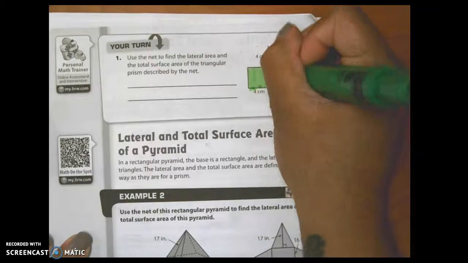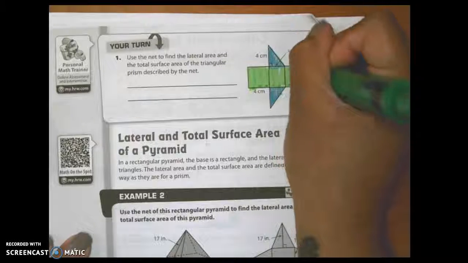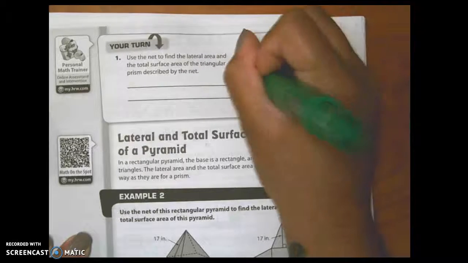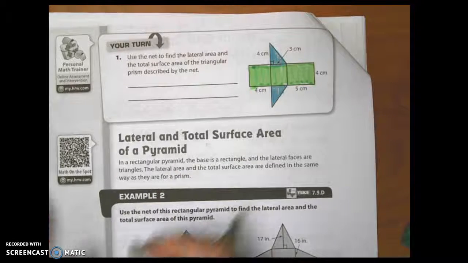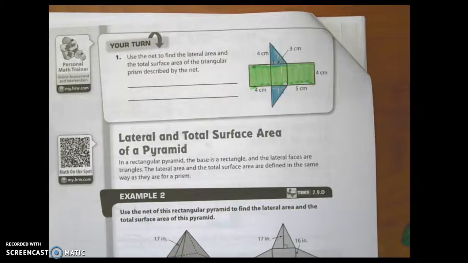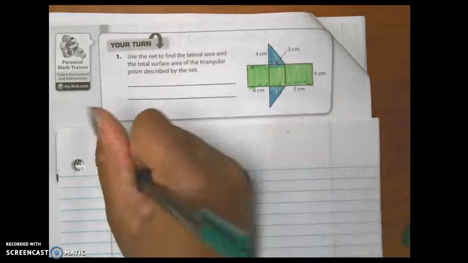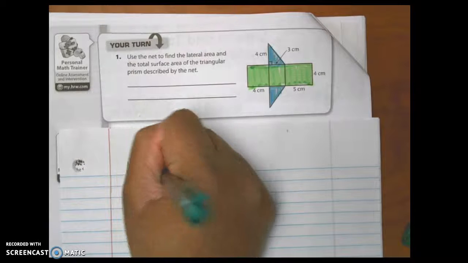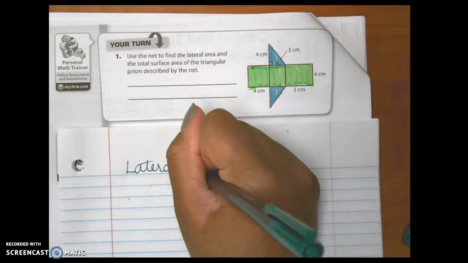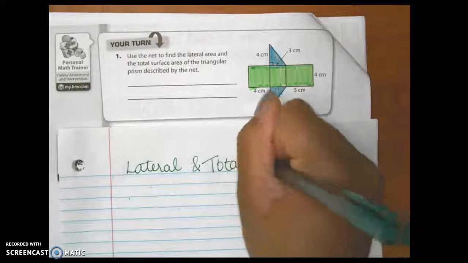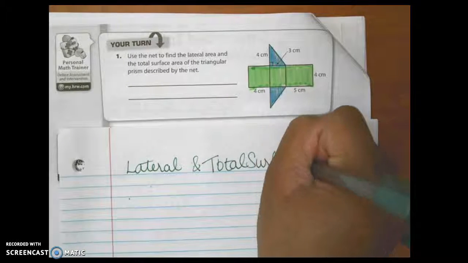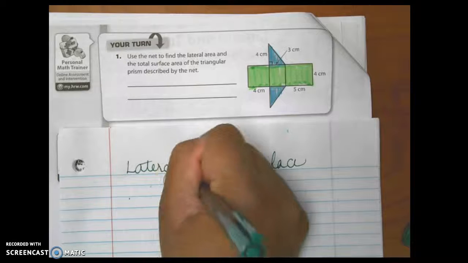What are the green faces called? The lateral faces. Good. So I'm showing my work on separate paper, but I highly advise you to show this work in your notebook so you can refer to it. Examples.